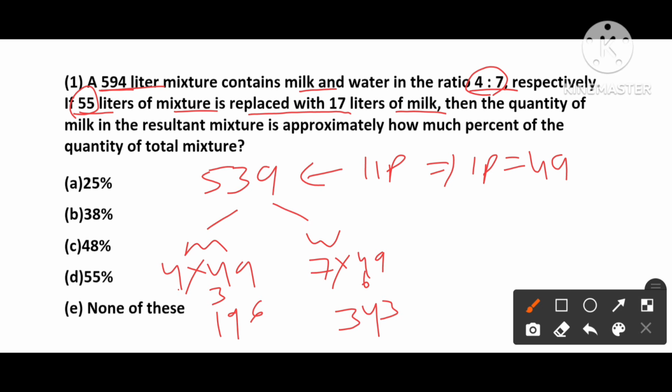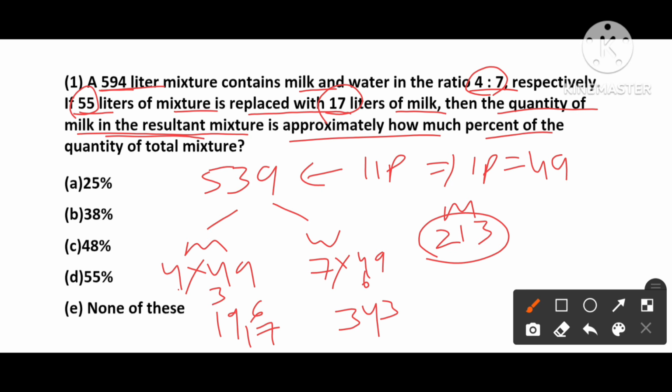Now the question says that the quantity of milk in the resultant. Here we need to add 17 to the milk. So adding 17 to that we get a milk ratio. Milk value will be 213. And the question asked is the quantity of the milk in the resultant which is 213 is approximately how much percentage of the quantity of total mixture.